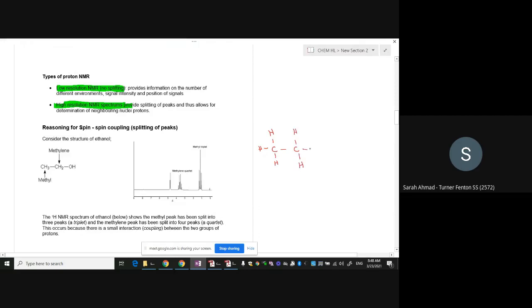Now, the other additional issue with the choice of molecule that I selected, which complicates the spectrum a little bit more, is that usually in IB, what they say, or they tend to, they may change their mind, is that hydrogens next to, say, an oxygen will not necessarily do any splitting.